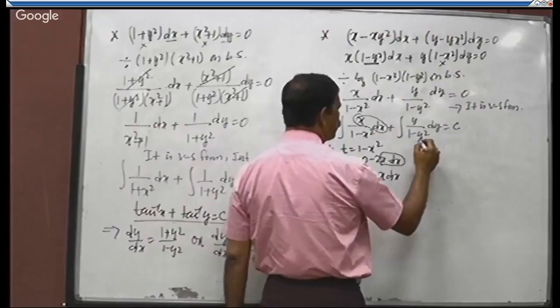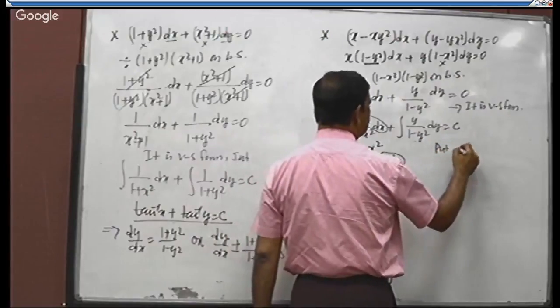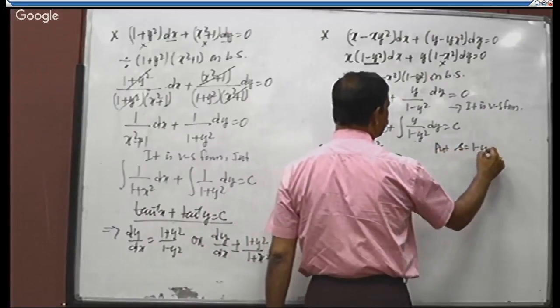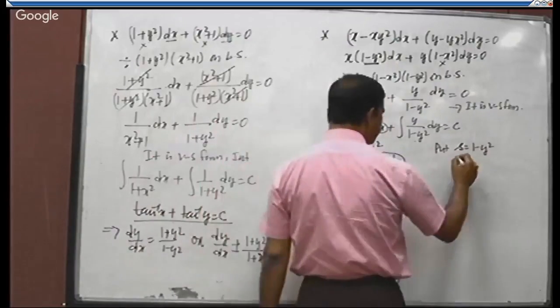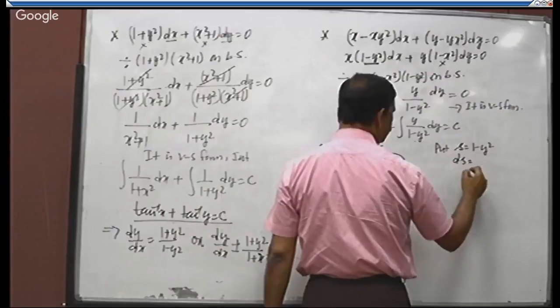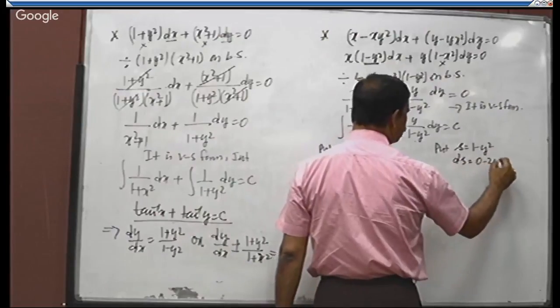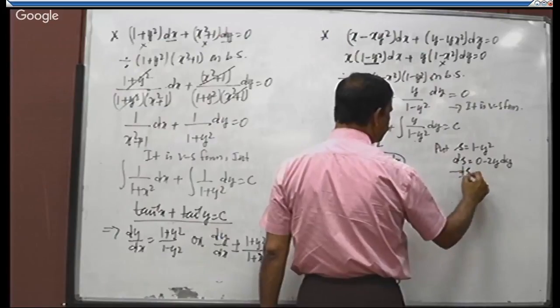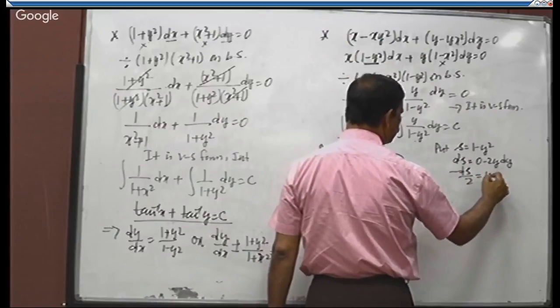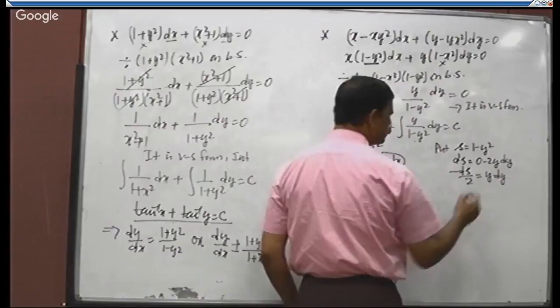At the same time, in the other integral, put s = 1 − y². You take any other variable, right? Differentiate it with respect to y: −2y dy. So this becomes −ds/2 = y dy.